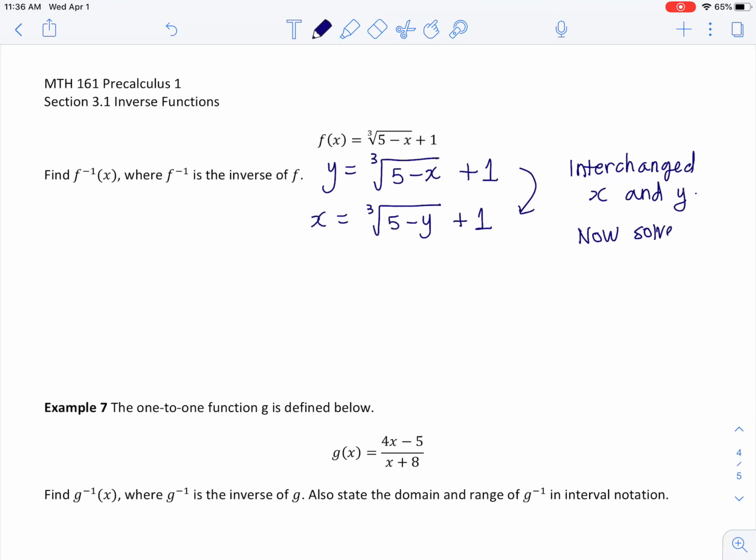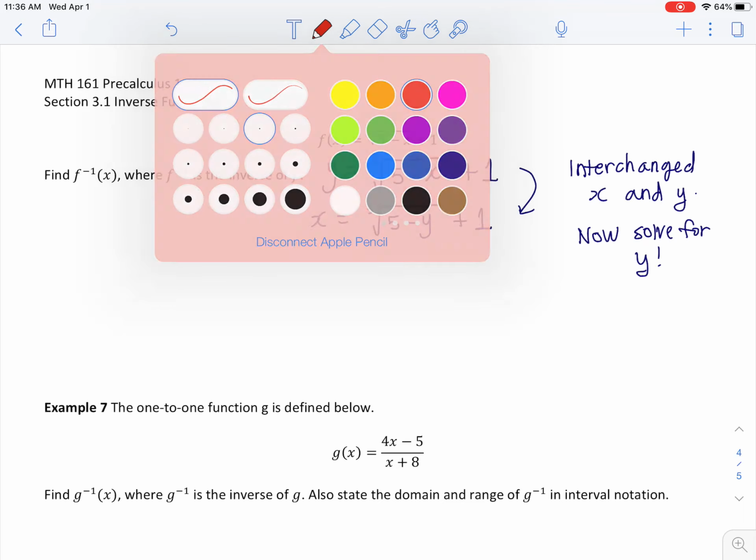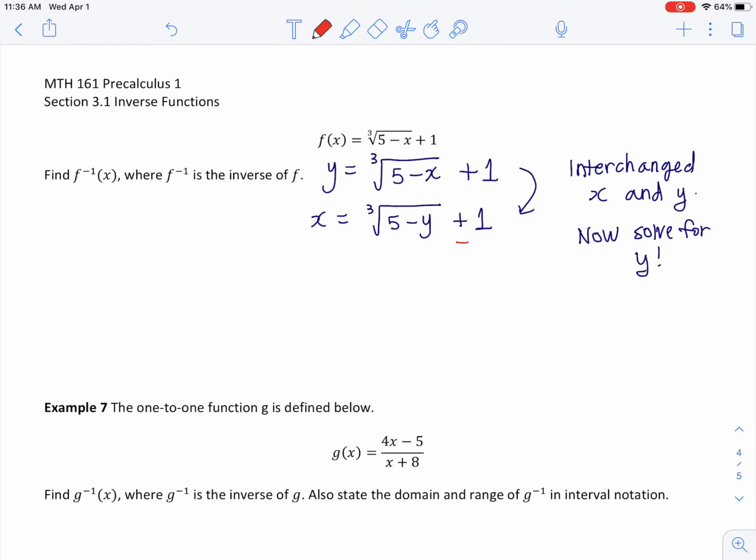Now let's solve for y. Solving for y, I need to first subtract 1 from both sides, right? So if I do that, I will get x minus 1 equals cube root of 5 minus y.